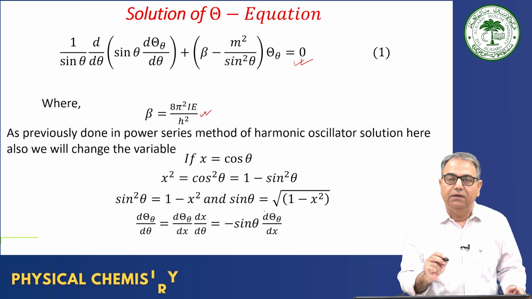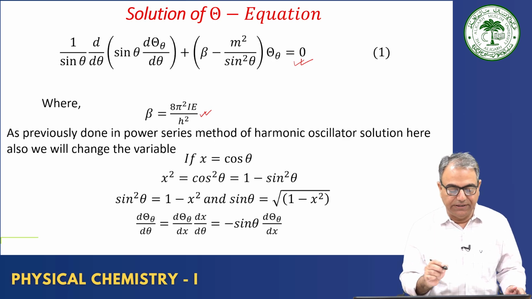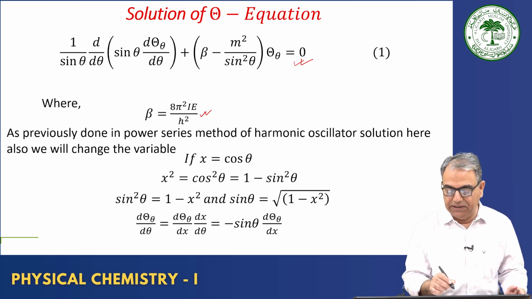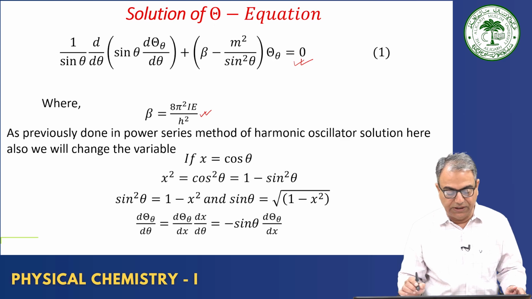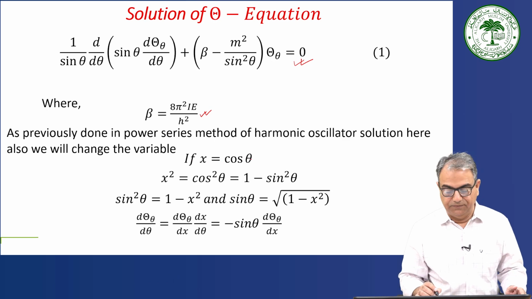If you remember, in the simple harmonic oscillator, the first thing we did was change the variables. So here also we will change the variables, as previously done in the power series method of the harmonic oscillator solution. We will suppose that x is equal to cos theta. If x is equal to cos theta, then x square is cos square theta, which is equal to 1 minus sin square theta. Simple trigonometry, all of you know.